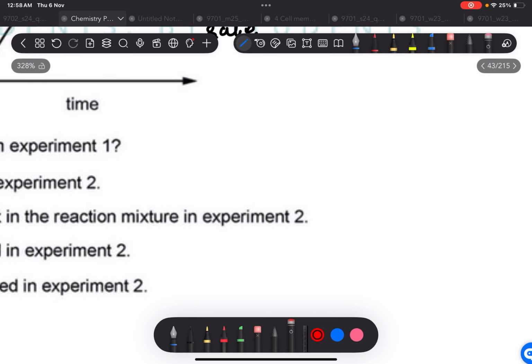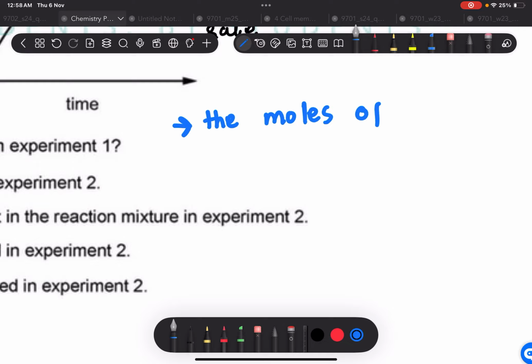I just write this line and I love this line, and I just want all my students or anyone listening to me to learn this line. That the moles of product, just write it down somewhere if you want to learn chemistry. The moles of product depends on the moles of limiting reactant.